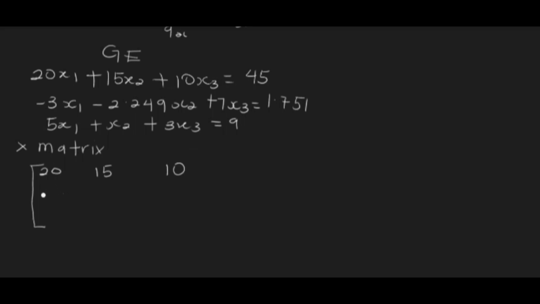Then we come down: negative 3, negative 2.249, then 7. Then here we have 5. We have 1 because here is only x2. Here we have 3.